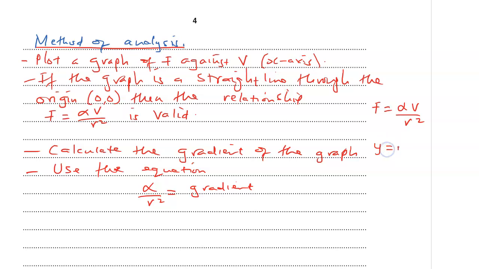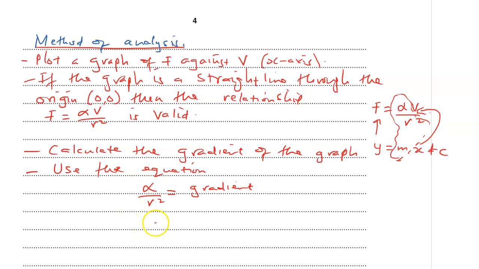If you compare it to the equation of a straight line, mx plus c, then F is on the y-axis, x corresponds to V, and therefore that is the gradient. Of course, the graph does not have a y-intercept because it's passing through the origin.